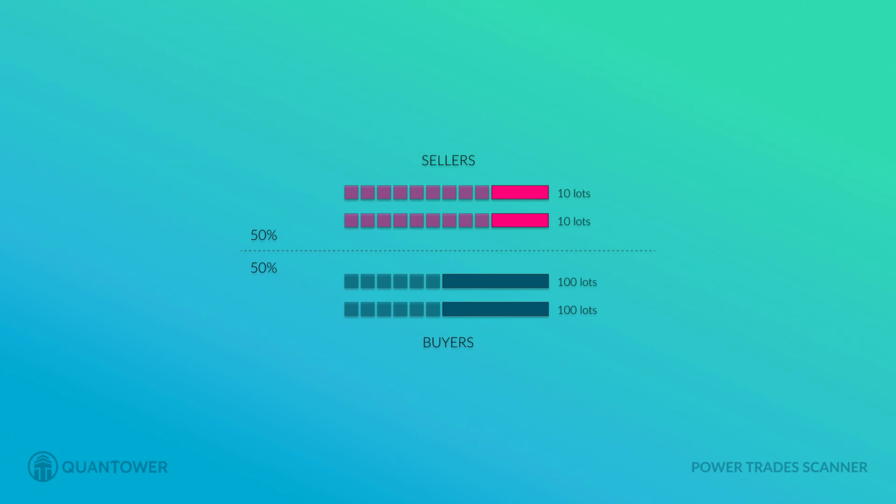As we know from the first statement, the probability to move up or down is 50-50. And obviously the price easily breaks the sellers and moves up, because their total volume is much less than the buyers' volume. So to summarize, we need to remember that the probability to move up or down is 50-50, and price always moves towards the least resistance.